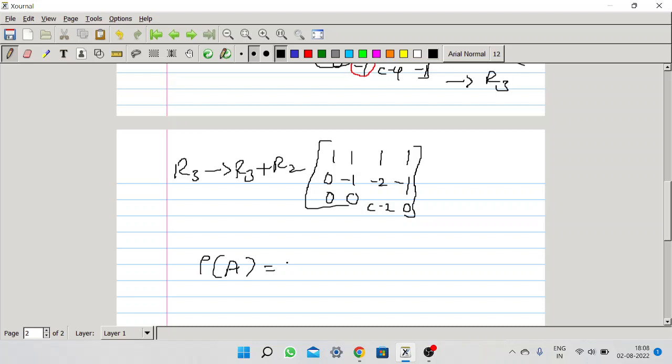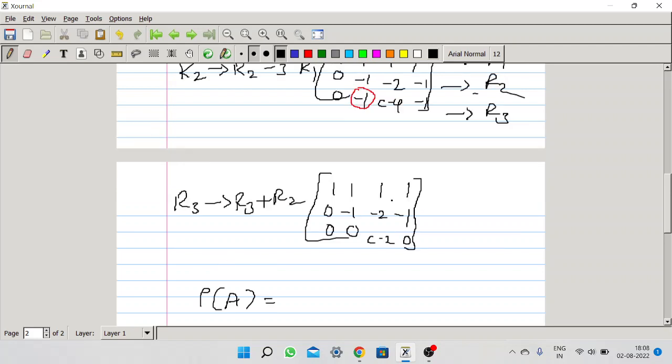Both are minus 1, no? If you add it becomes minus 2. In R2 and R3, both are minus 1? This is C minus 2. 1, 1, 1, 1. 0, minus 1, minus 2, minus 1. Then 0, minus 1, C minus 4.